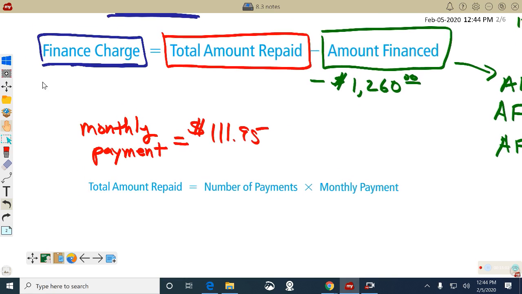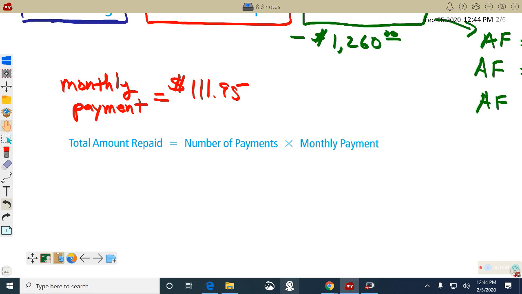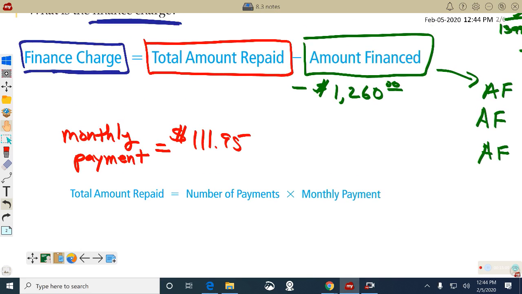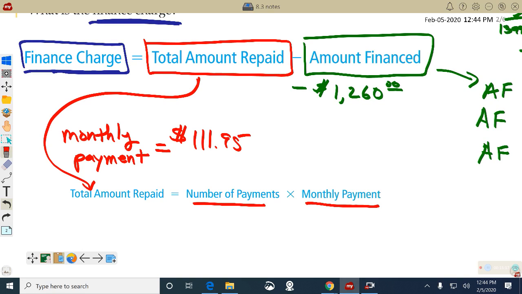We know our monthly payment. Exactly. Because look at the total amount repaid. That's equal to the number of payments times the monthly payment. We already know our monthly payments. It's $111.95 times how many payments to pay off the fridge? 12.